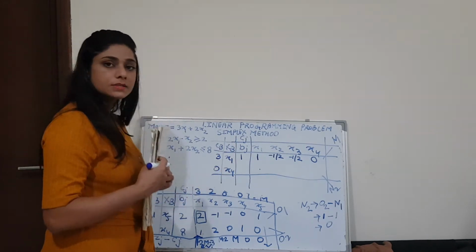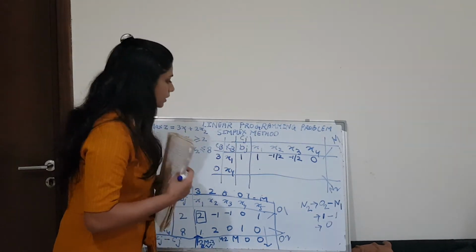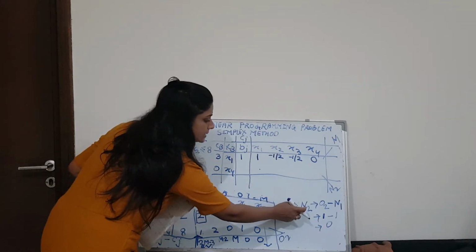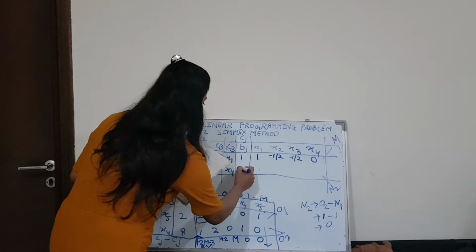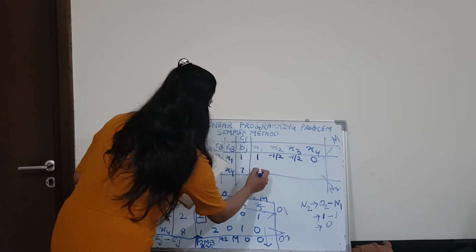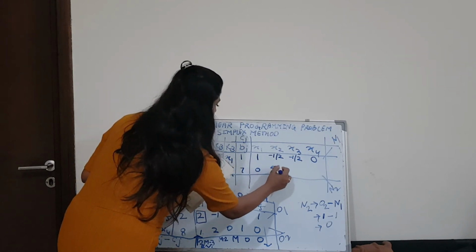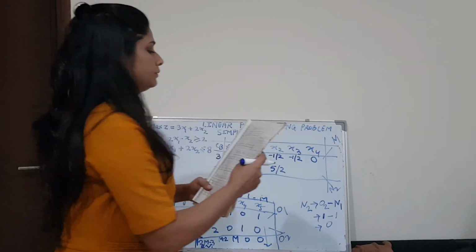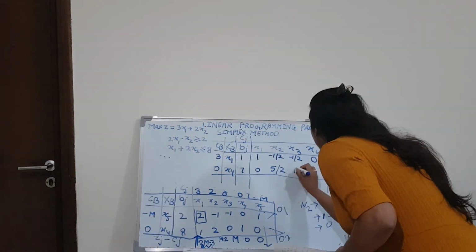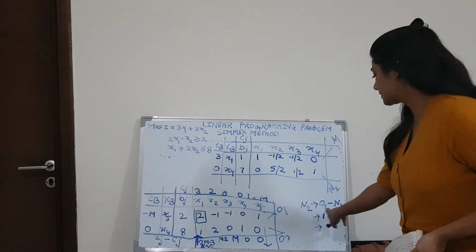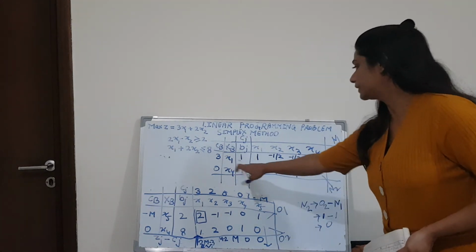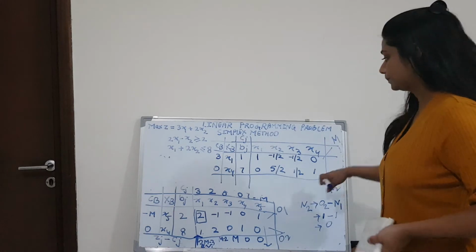So after calculating by this equation, the next row is 7, 0, 5 by 2, 1 by 2 and 1. You can calculate yourself. By this equation we have calculated the second row.